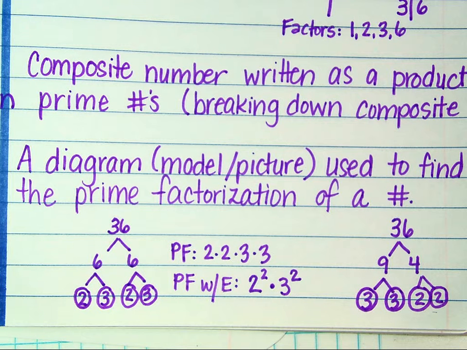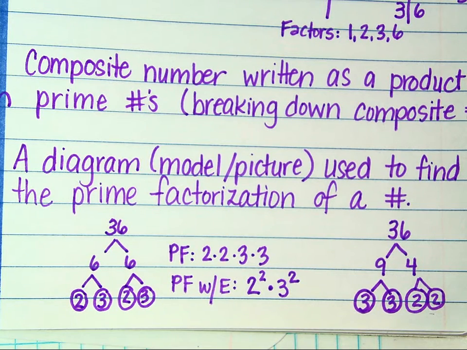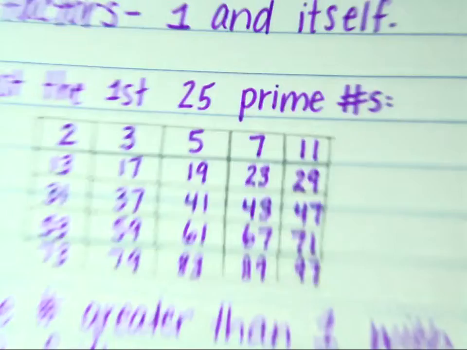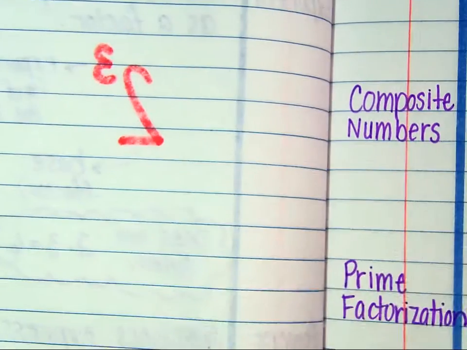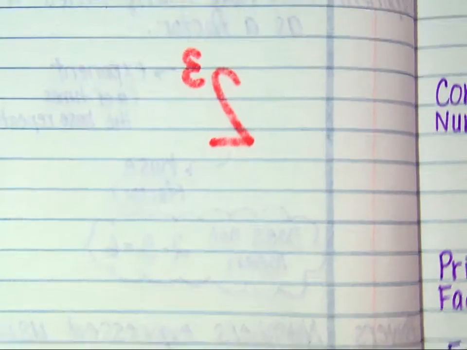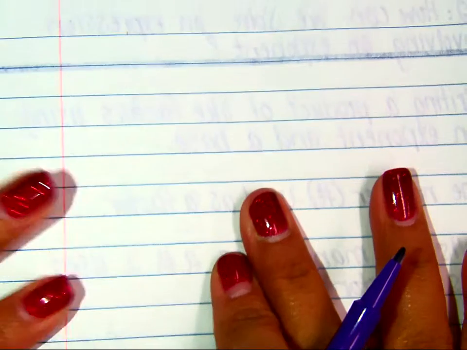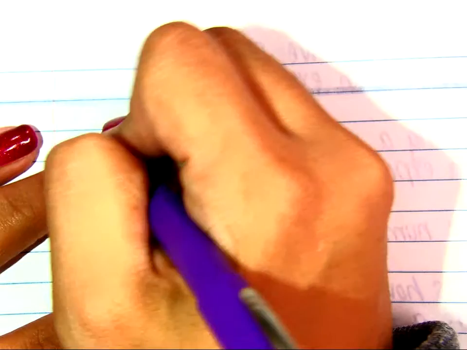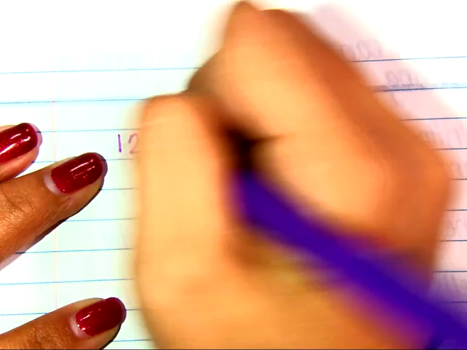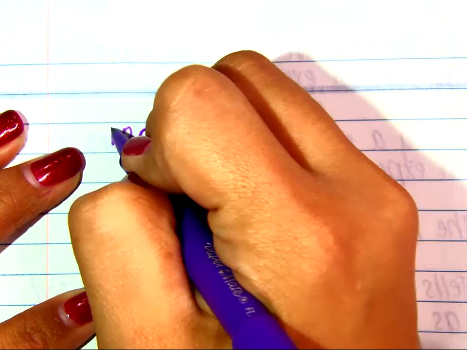All right, so we're going to do a couple sample problems here. On the opposite side of my journal, I'm just going to break down the number 120. Now I have to determine first, is this a prime or composite number?